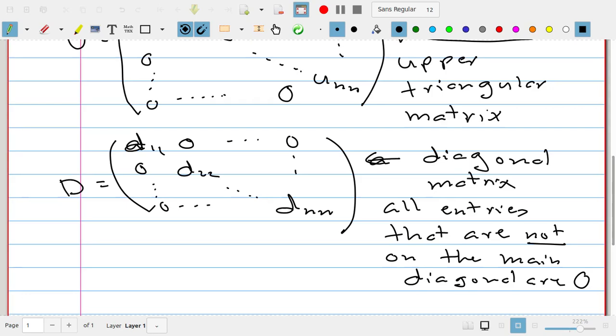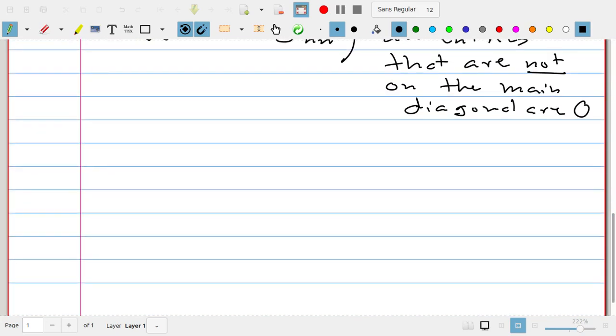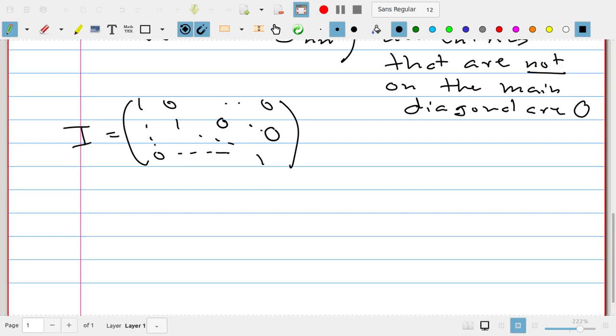And of course, the most famous diagonal matrix that you know of is the identity matrix: 1, 1, and everything that is off the main diagonal is 0. So this is the n by n identity matrix.